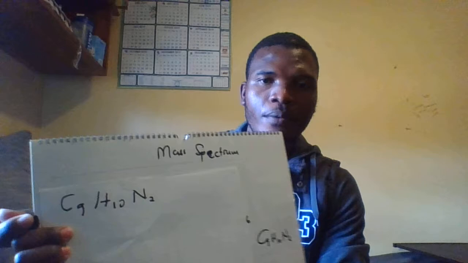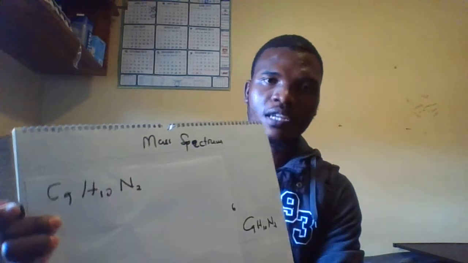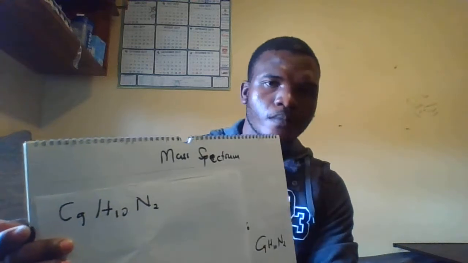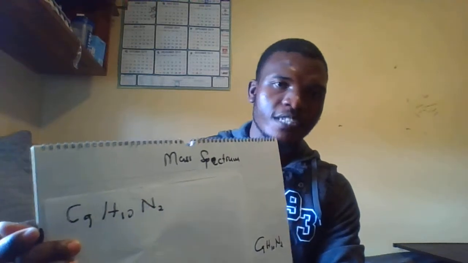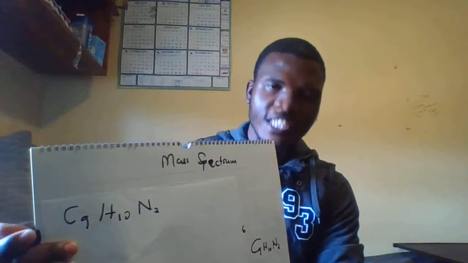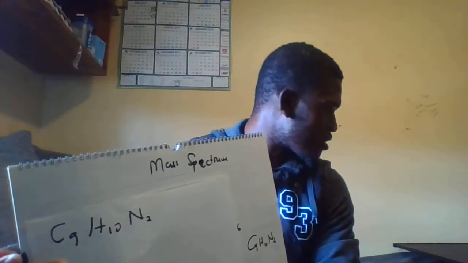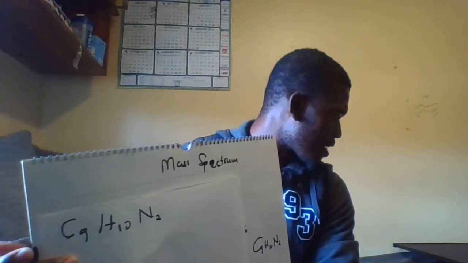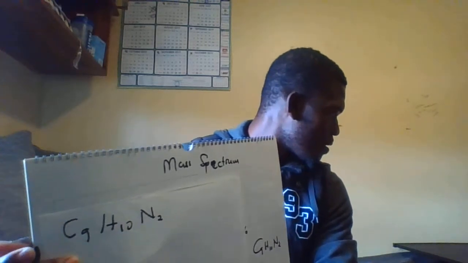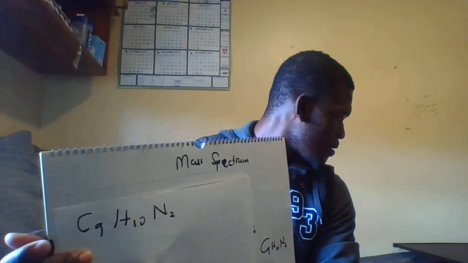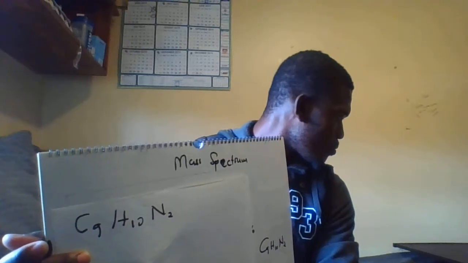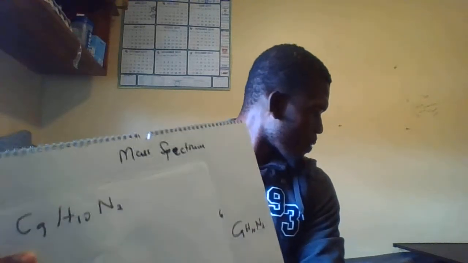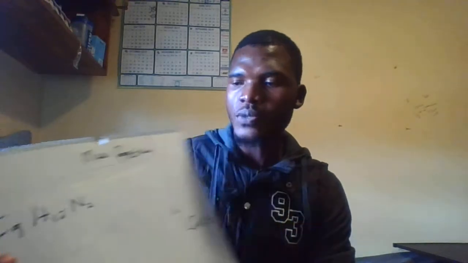Rule of thumb, remember, whenever there is nitrogen in your compound, for each nitrogen you subtract a hydrogen. In this case we have 2 nitrogens, so we're going to subtract 2 hydrogens as well.